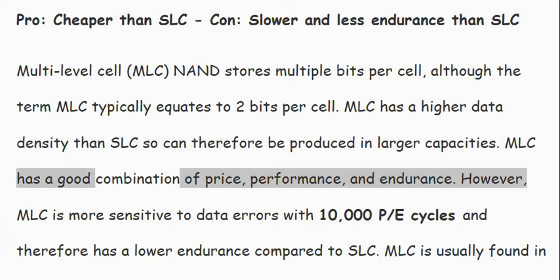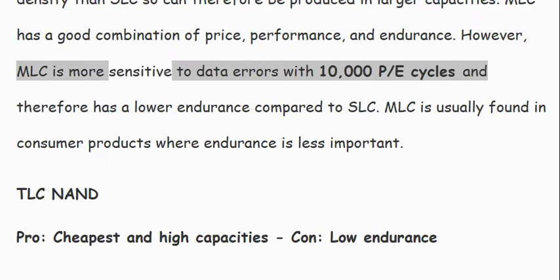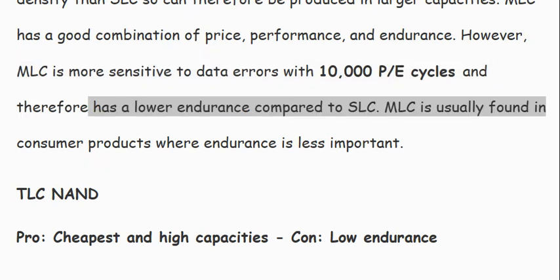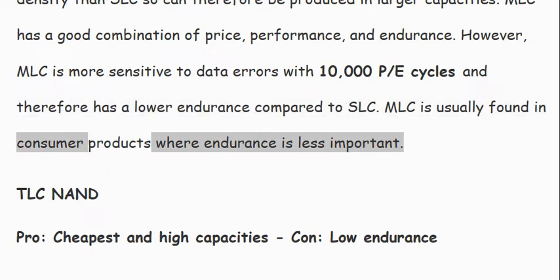MLC has a good combination of price, performance, and endurance. However, MLC is more sensitive to data errors with 10,000 PE cycles and therefore has a lower endurance compared to SLC. MLC is usually found in consumer products where endurance is less important.